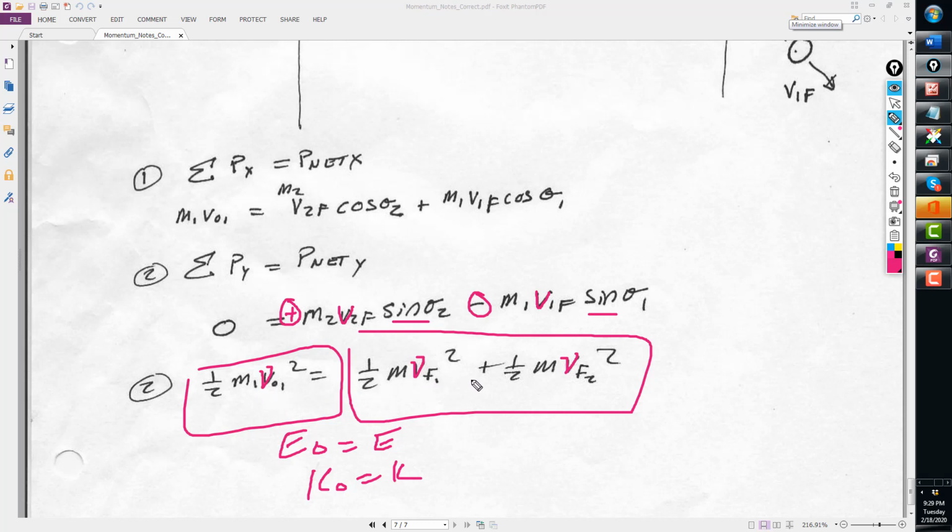We're talking about the magnitudes. We say V cosine theta and V sine theta for the momentum because it's important to get the components, since we're talking about x's and y's. Energy doesn't care about that. It just cares about the magnitude, which would be the speed. So again, two major differences to be careful of.